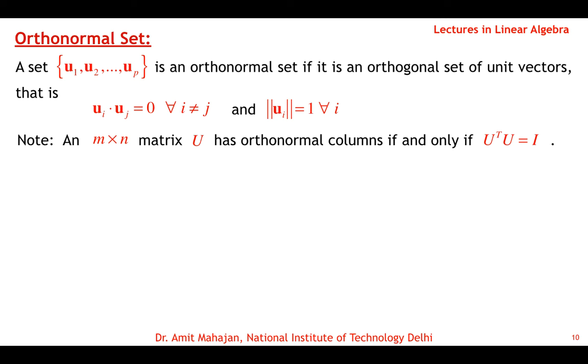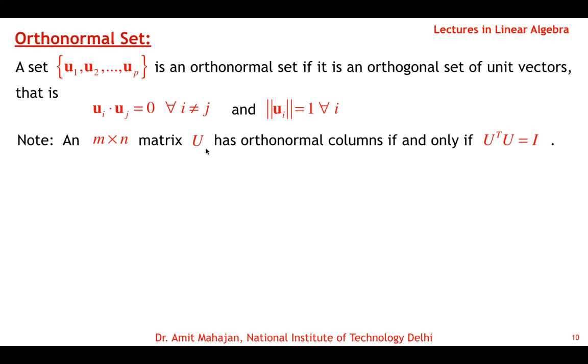Now there is one result here. If you are given an m cross n matrix U having orthonormal columns, then U transpose U is identity.